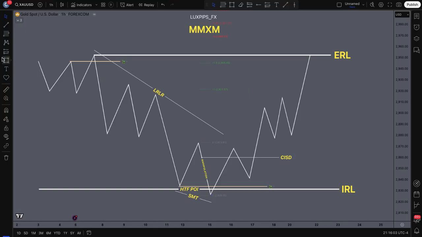First thing I want to go through is two-stage liquidity. Basically, when you want price to reverse at your POI, you want 2 stages or more of liquidity to be ran through.